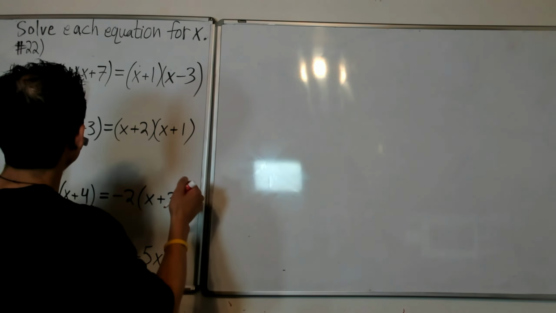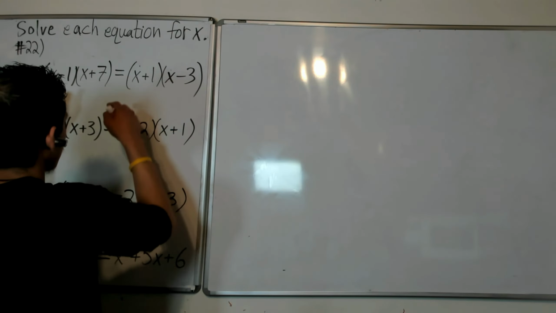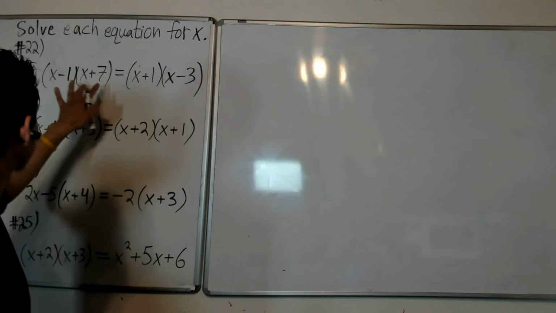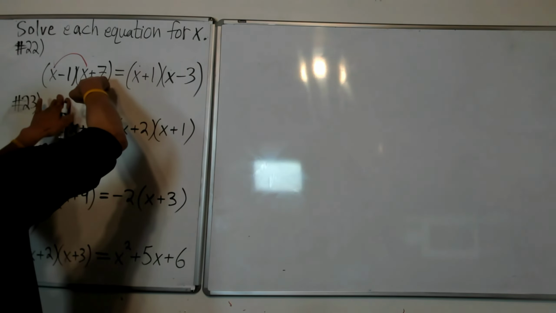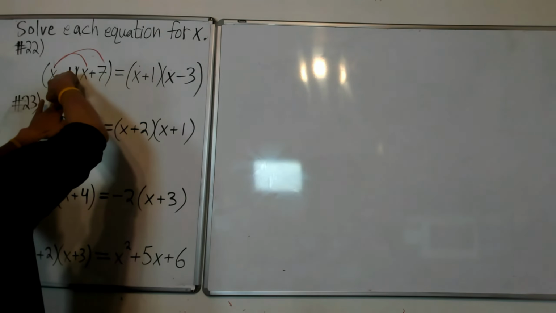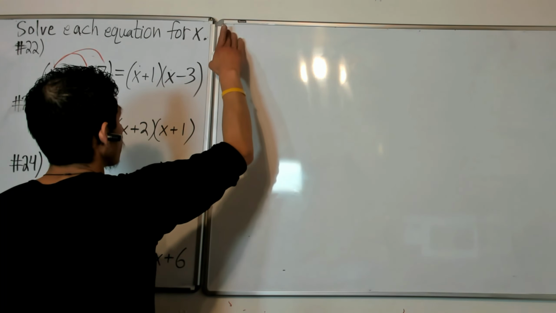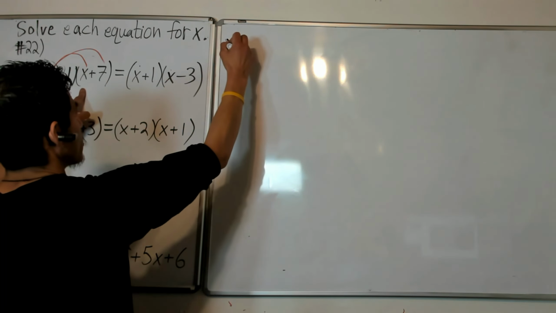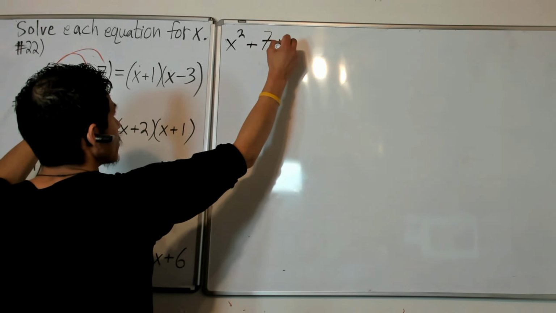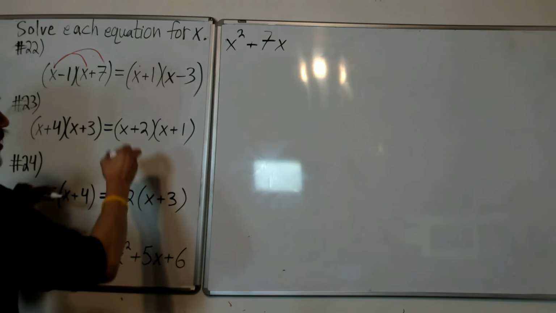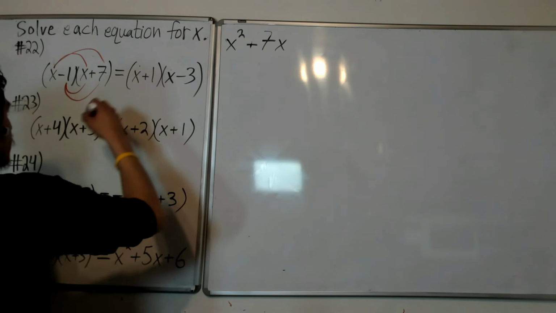When you have a binomial times a binomial, it's called a binomial because you've got two terms in each group, and you want to make sure you distribute. So I'm going to distribute this x to this x, and then that x to that 7. Let's write x times x is x squared. X times 7 is 7x. Then I also need to distribute this -1 to that x and the -1 to the 7.